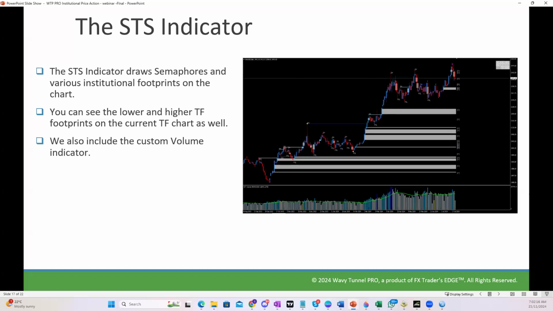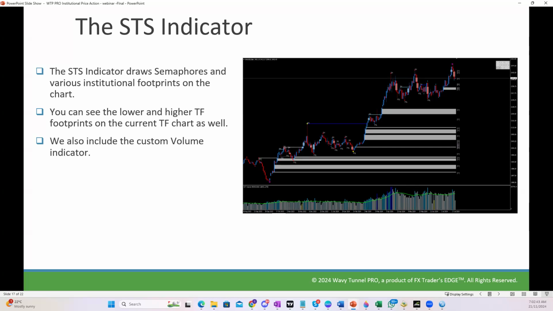The people who actually spread the rumors that Bitcoin is going to go to 1 million or 200,000 or 100,000. Those people who spread the rumor, they want to sell their Bitcoin. So they're spreading the rumors with the good news, so you and I can buy that one and they can get rid of their Bitcoin. So always think about when you buy, who is selling to you, and when you sell, who is buying from you.